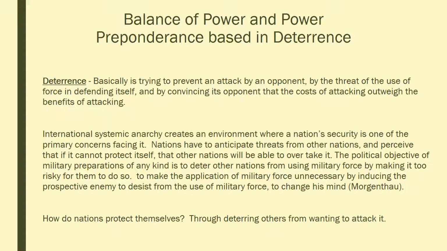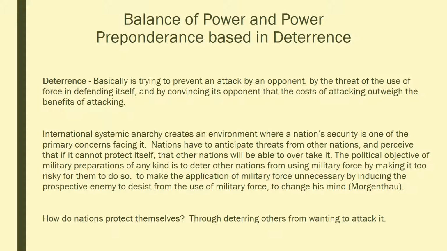And one of the theorists that we mentioned earlier in our lectures was Hans Morgenthau. And I have a quote here from one of his books when he's discussing anarchy and the idea of the balance of power. International systemic anarchy creates an environment where a nation-state's security is one of the primary concerns facing it.